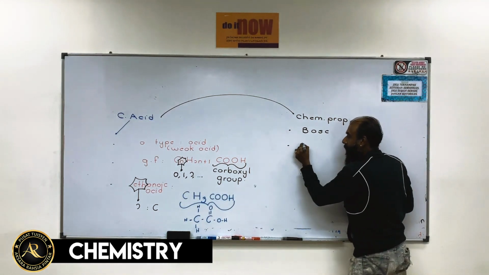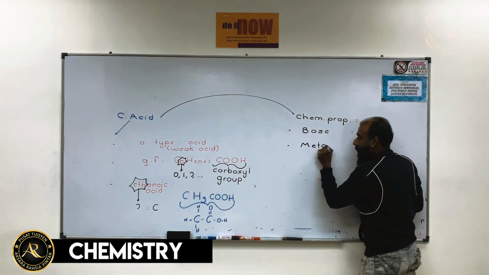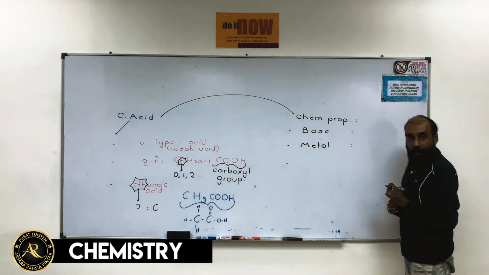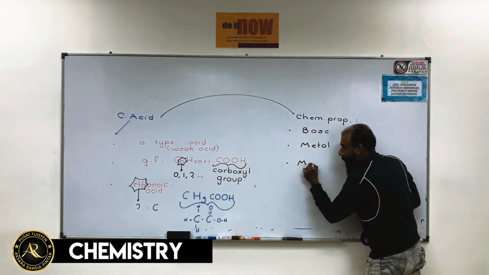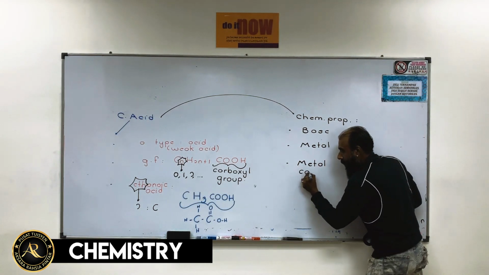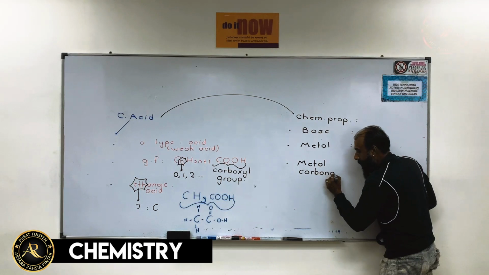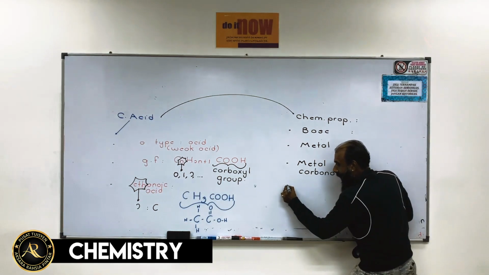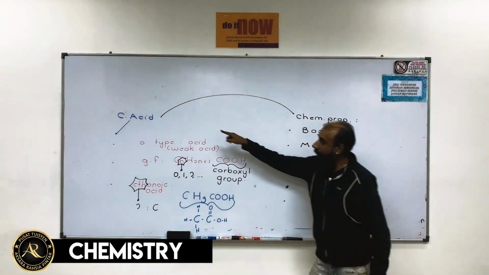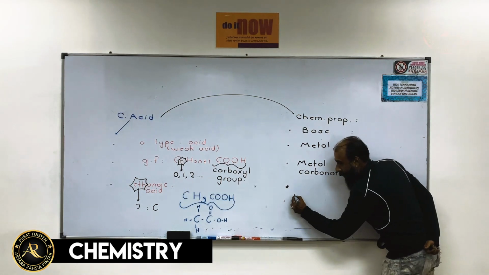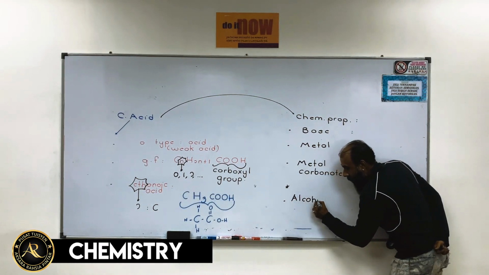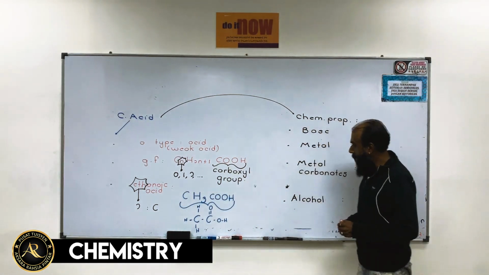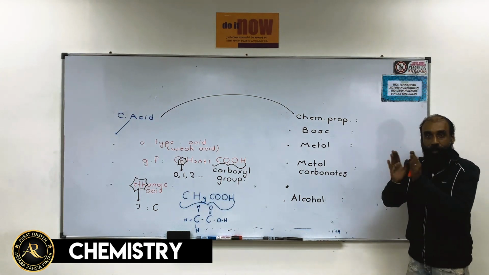An acid reacts with metal. An acid reacts with metal carbonates. And additionally for carboxylic acid, it reacts with alcohol. For today's lesson, I'm going to show you all 4 in summary.